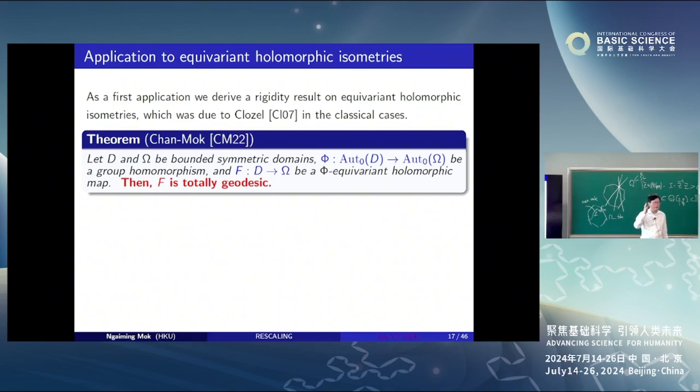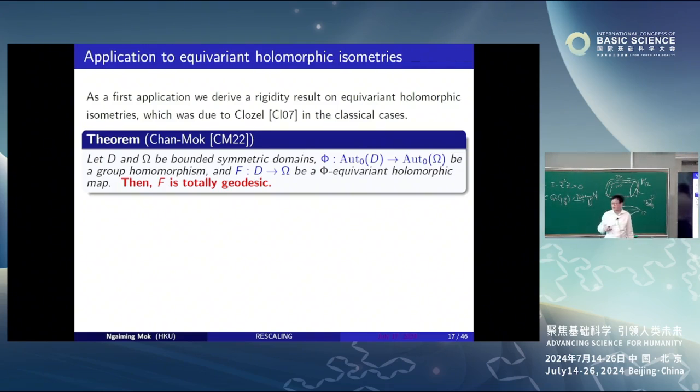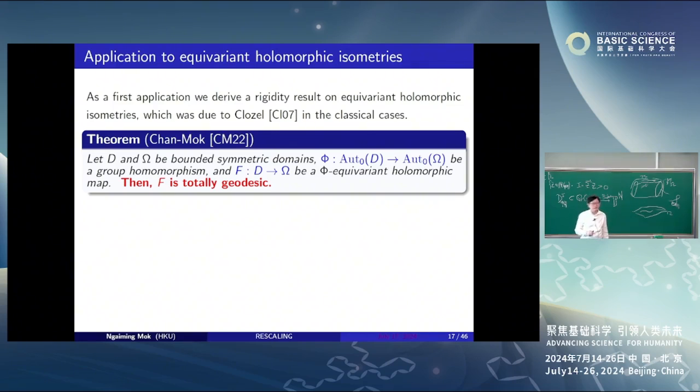Sometimes in our mind, we don't make a distinction between total geodesy and isometry, but they're different. Then he could prove, making use of Lie theory, that this is indeed the case when it is equivariant. However, the argument he used actually failed in the case of exceptional domains. The statements are false in the exceptional domain case.